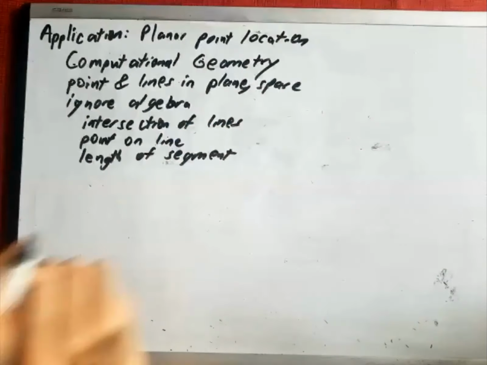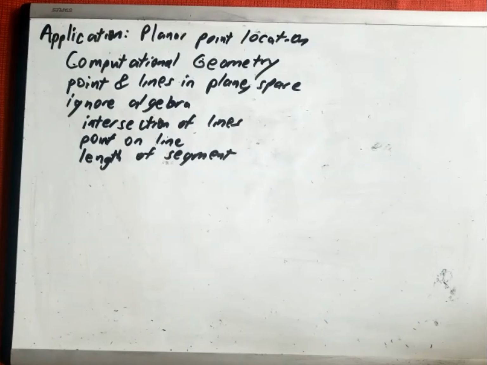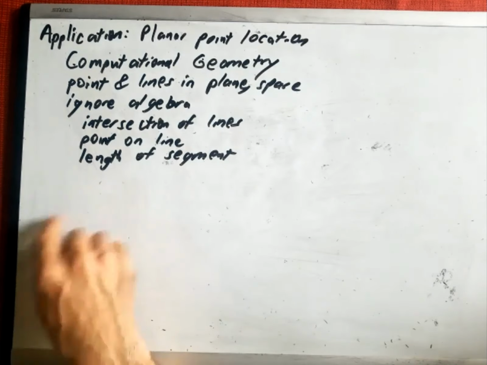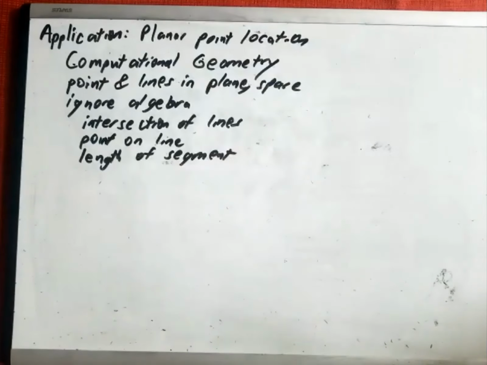And you just assume that you have access to these sorts of computations as primitives, just like addition and subtraction of numbers in our traditional computational model. Okay? And this is actually a pretty powerful assumption because, for example, the length of a segment might be an irrational number which we can't even store in a computer. And of course, you have to deal with that in practice, but we know how to deal with it, and so we just wrap that up and hide it inside of this more powerful primitive operation.